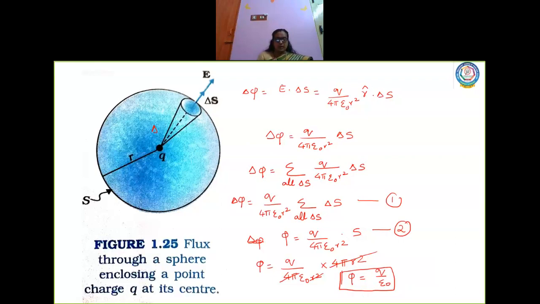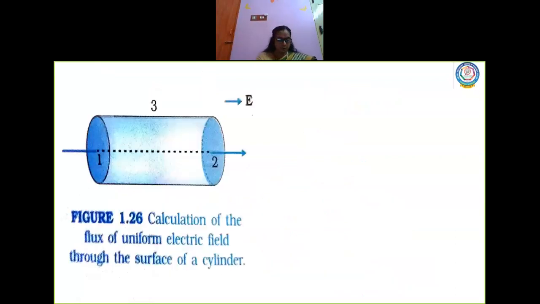So, this is Gauss law. The electric flux through a closed surface is equal to 1 by epsilon naught times the net charge enclosed in the surface.